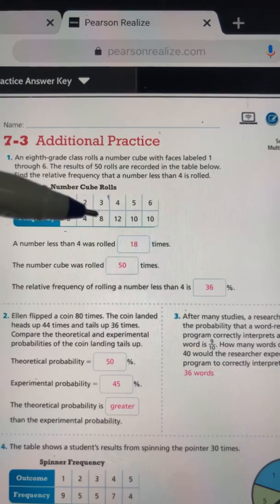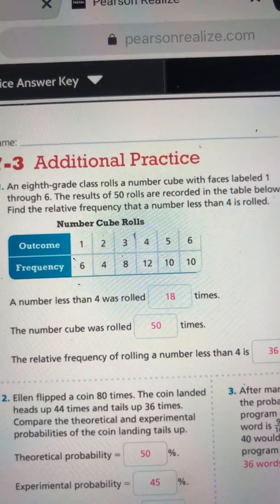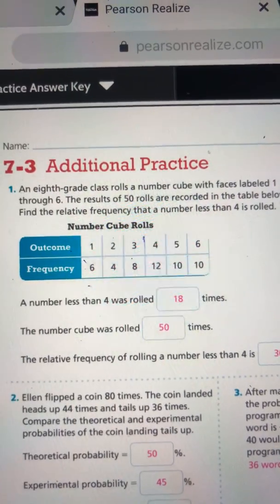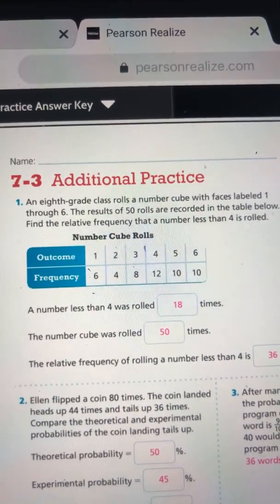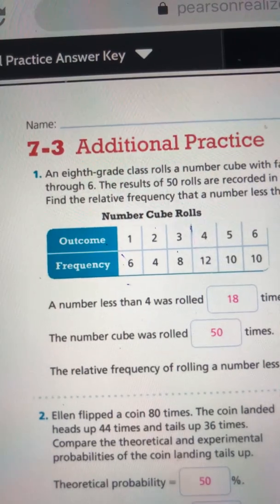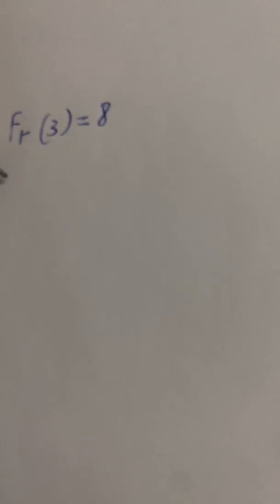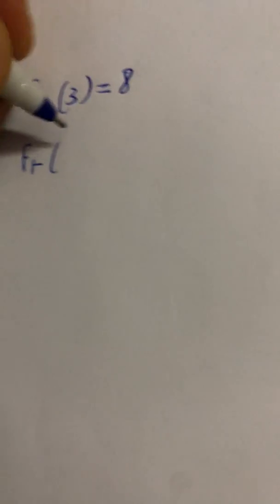Frequency of 3 is 8. Then, frequency of 2 equals 4.